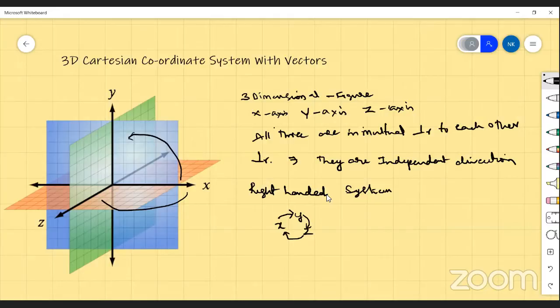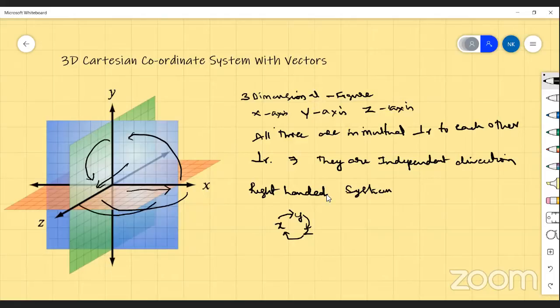use the thumb direction, sweep from x to y. What direction does the thumb give? The z direction. So whenever you are using a hand, when you are sweeping from x to y, the thumb direction gives z. When you are sweeping from y to z, the direction it gives is the x direction.